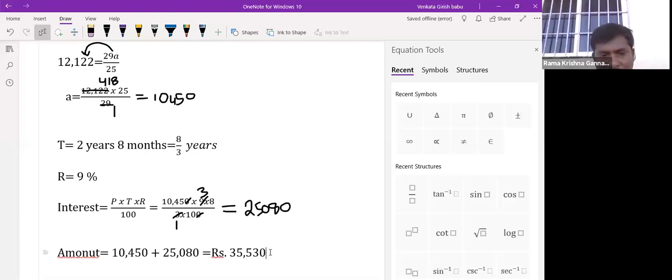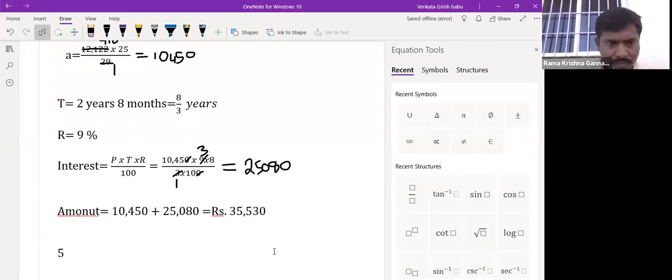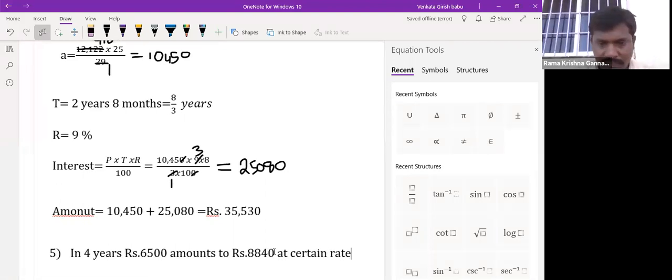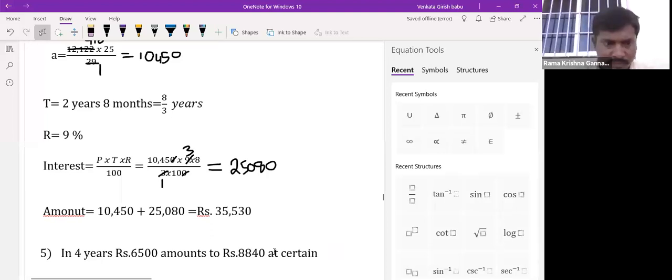Okay, see the last, fifth problem. In 4 years, rupees 6,500 amounts to 8,840 at a certain rate of interest.